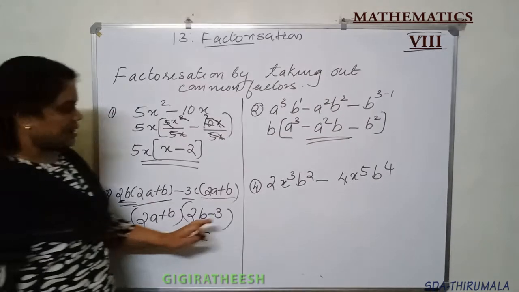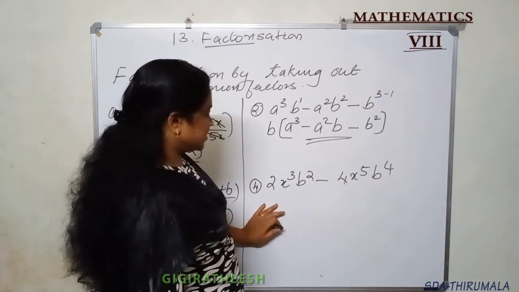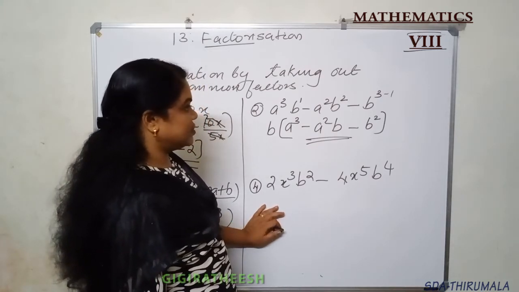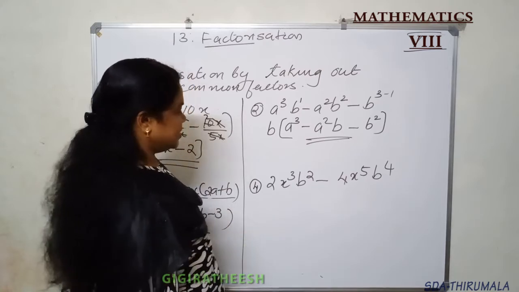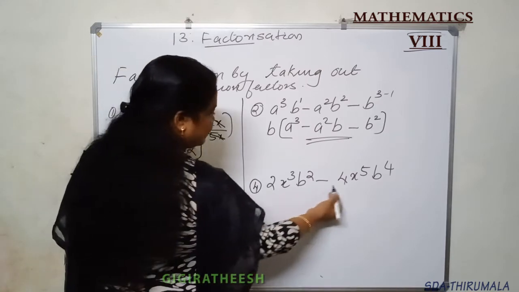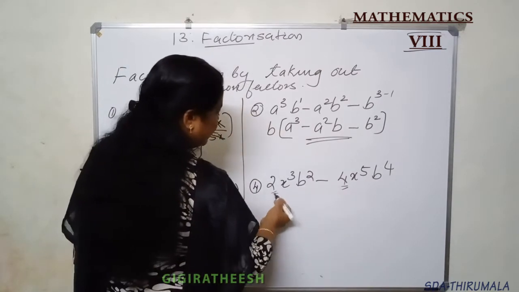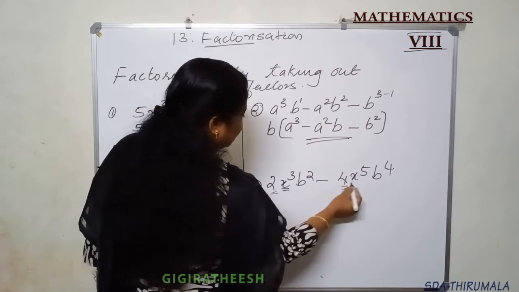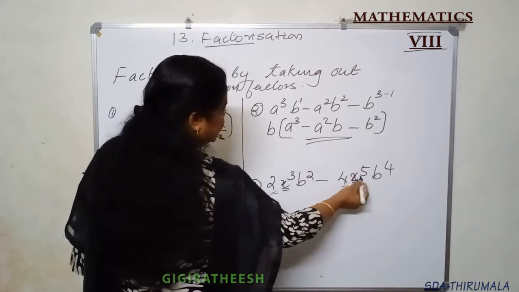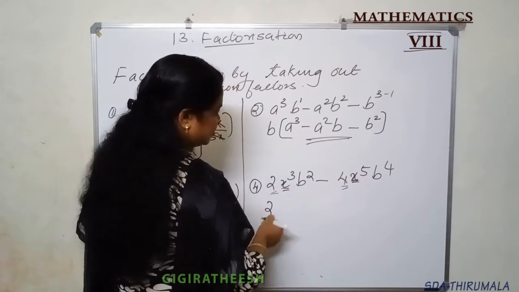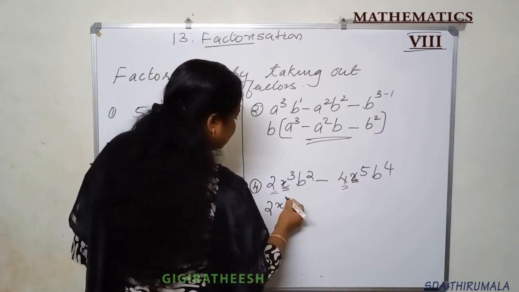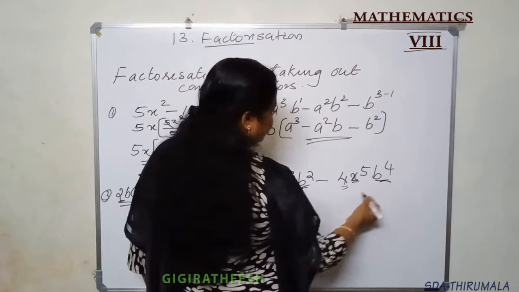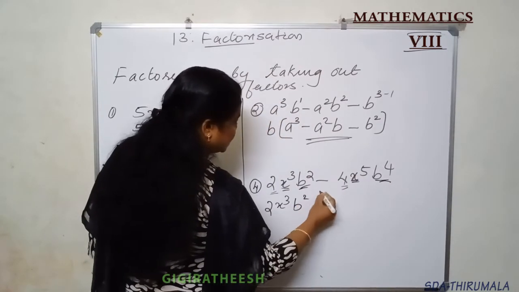The last question is 2x cube b square minus 4x raised to 5 b raised to 4. For 2 and 4, 2 is the common factor, so take 2 outside. For x cube and x raised to 5, x cube is the smallest, so take x cube outside. For b square and b raised to 4, b square is the smallest, so take it outside.